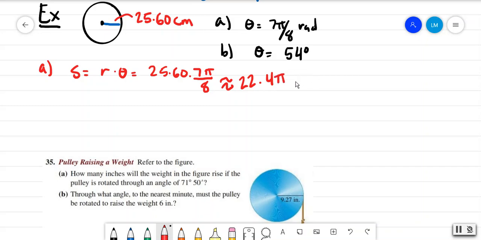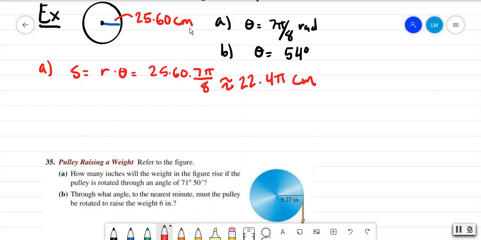The units in this case are centimeters, because the radius is in centimeters. You can think about the dimensional analysis: 25.6 centimeters is actually equal to 1 radian.